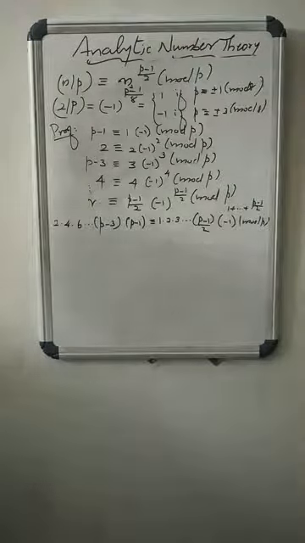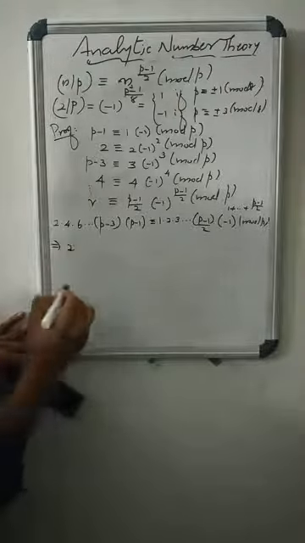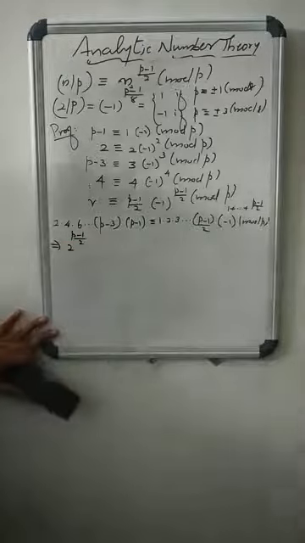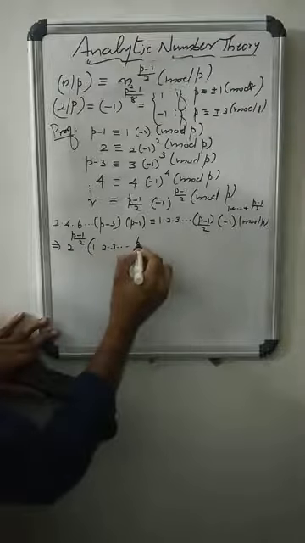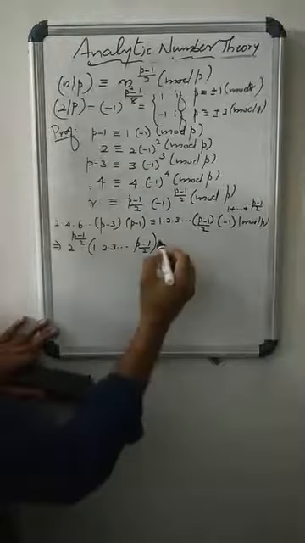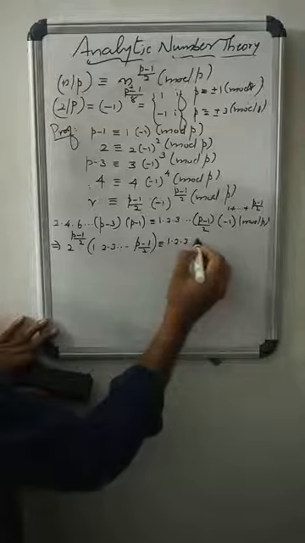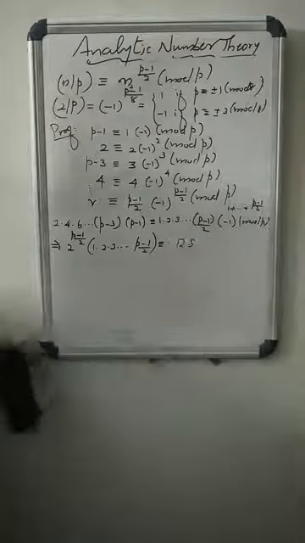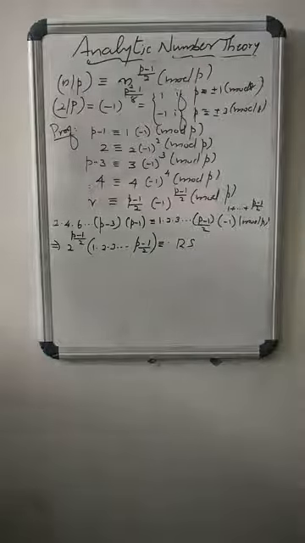Agreed? Okay. So that means 2 is commonly taken outside. How many times are there? (p-1)/2 times. So it is 2^((p-1)/2) into 1 · 2 · 3 ··· (p-1)/2, that is (p-3)/2 · (p-1)/2, congruent to again 1 · 2 · 3 ··· (p-1)/2 into (-1)^(1 + 2 + ··· + (p-1)/2) mod p.